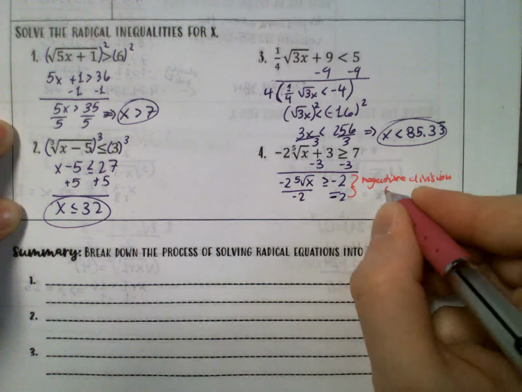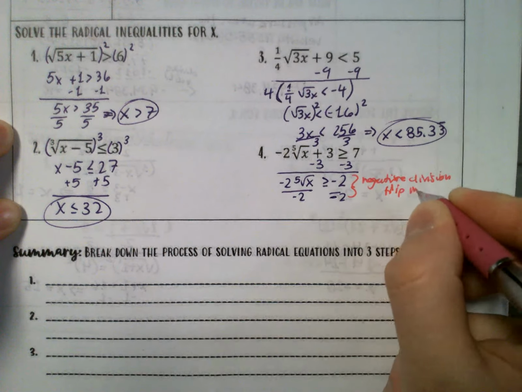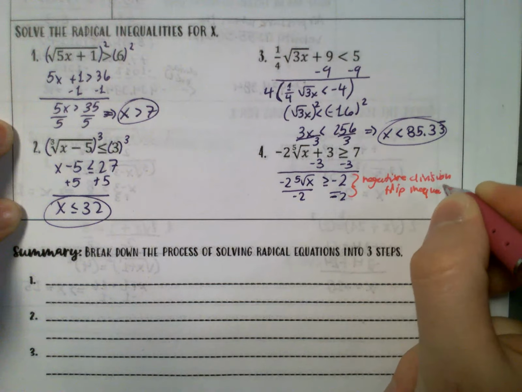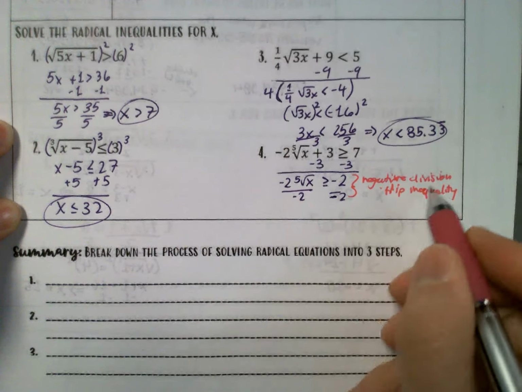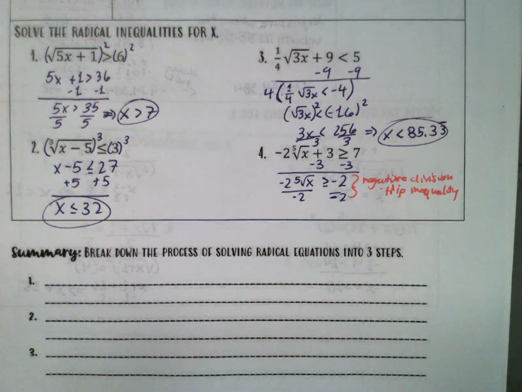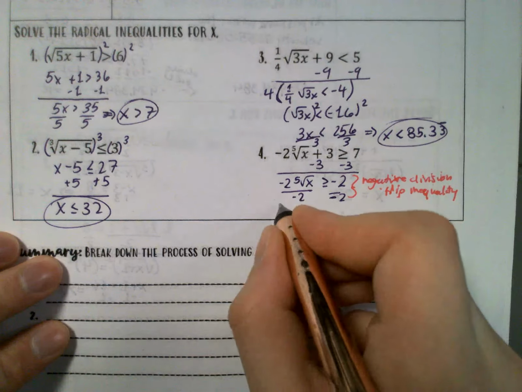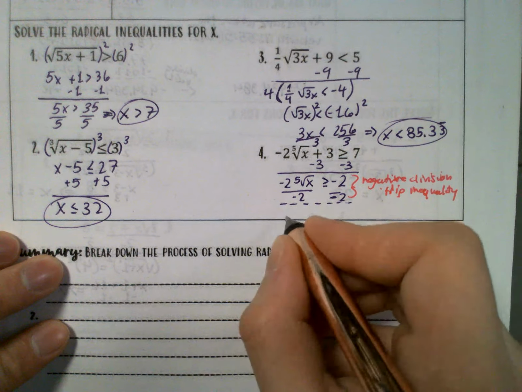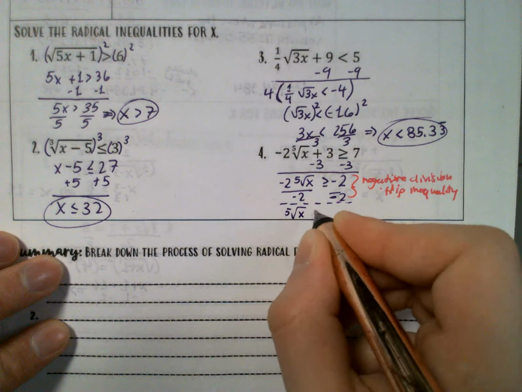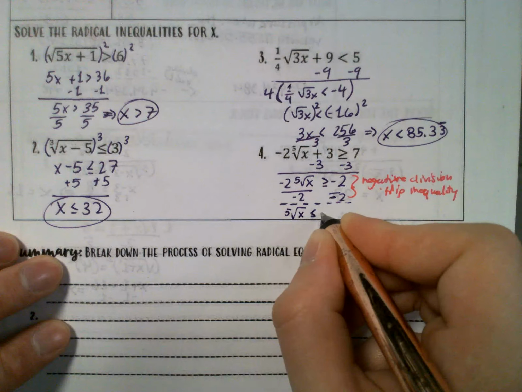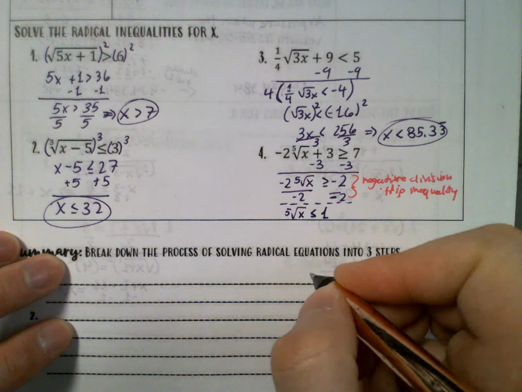Negative division, flip the inequality. I know it's kind of jammed in there, sorry. What that gives me then is the 5th root of x is less than or equal to positive 1.